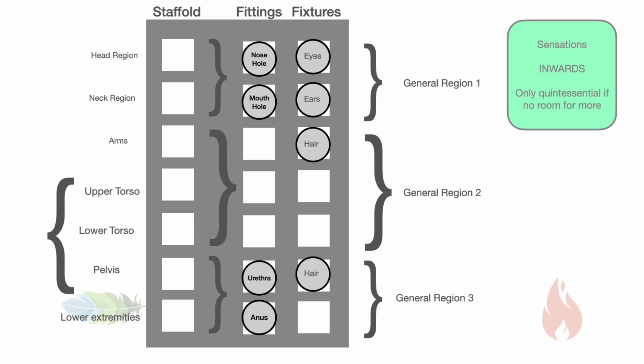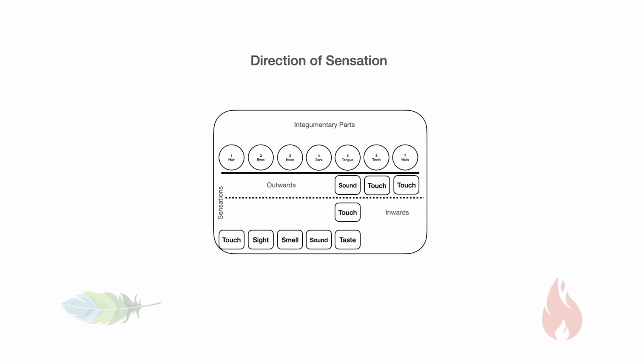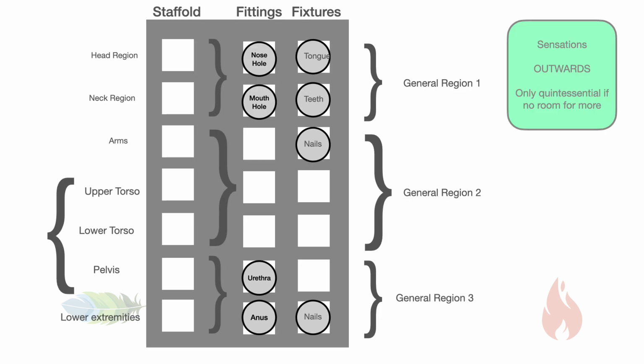All right, so back to this slide. And the only types of sensation parts or integumentary parts are going to be tongue, teeth, and nails for sensory outwards design. So for the overall anatomical build, we've got tongue for auditory out.